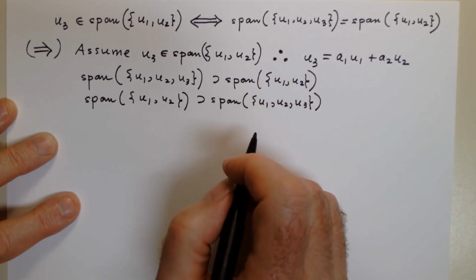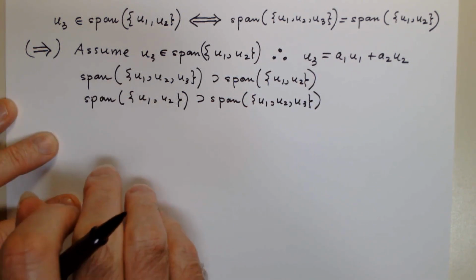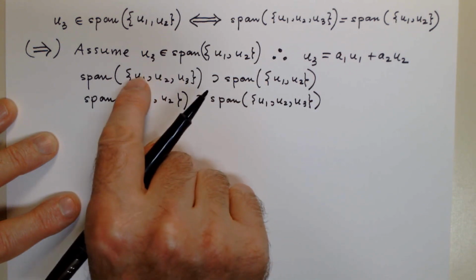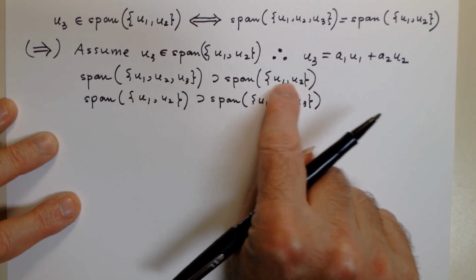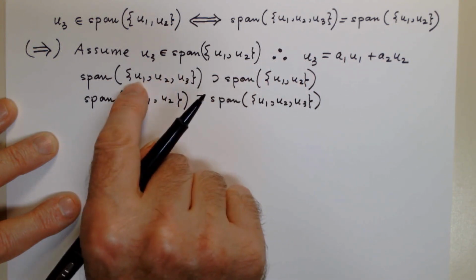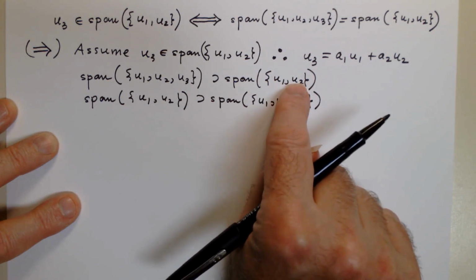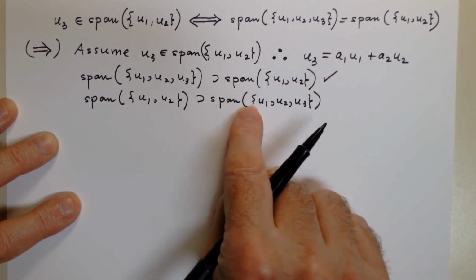So there would be two things typically to show when you want to show that two sets are equal to each other. Now, one of these we know is automatic, this one. We know that since this collection of vectors u1, u2, and u3 already contains this collection, the span of u1, u2, and u3 must be containing the span of u1 and u2. So this one we already know. We now have to show this one.